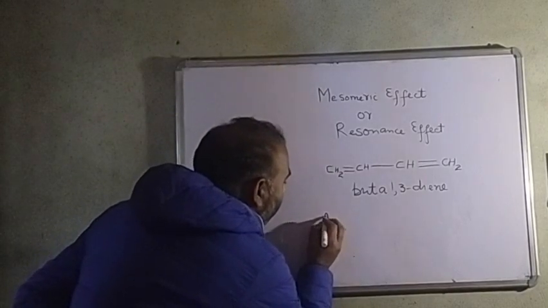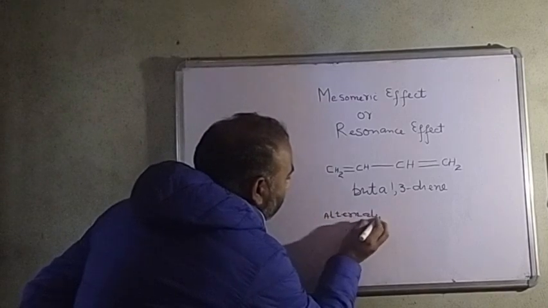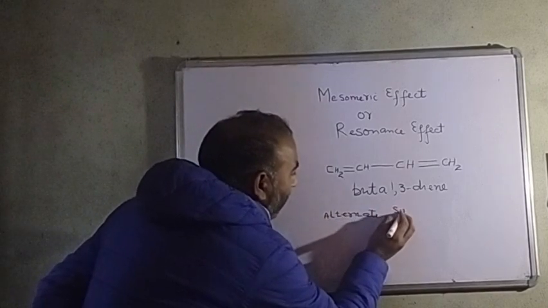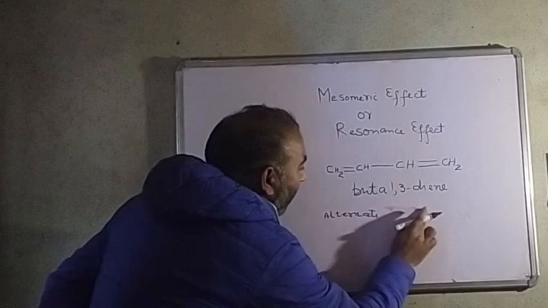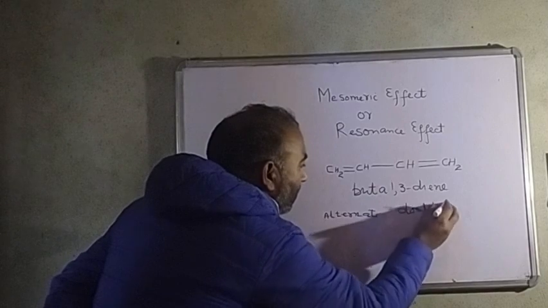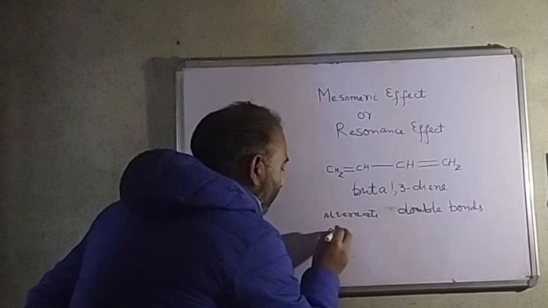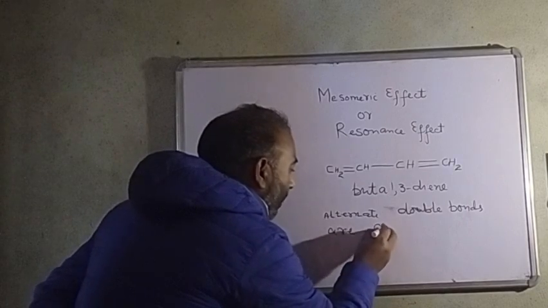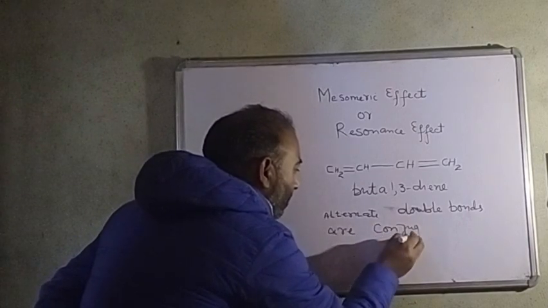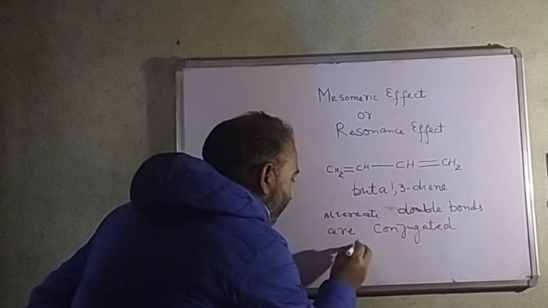So alternate single and double bonds are called conjugated double bonds.